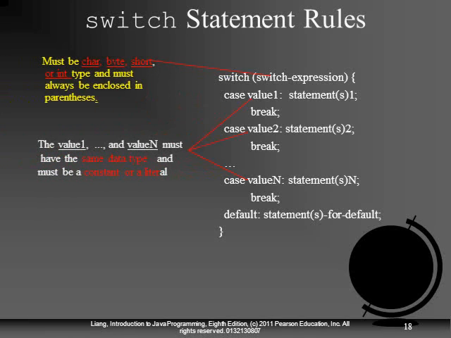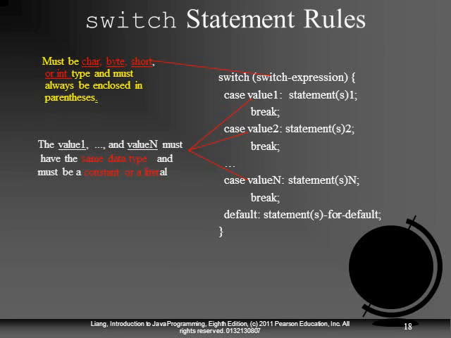Well, the variable to be tested, called the switch expression, really isn't an expression. It can be a variable. Right? That's in the parenthesis. Then, following the opening brace for the code block, we have several cases that we want to test. And the case statements test to see if the expression in the parenthesis is equal to the value specified after case.